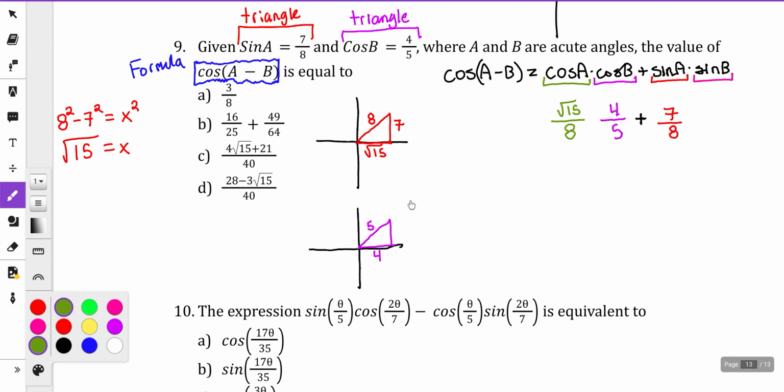I use the Pythagorean theorem: 5 squared minus 4 squared equals x squared. And you should get 3 equals x. That means sine of B is 3 over 5.